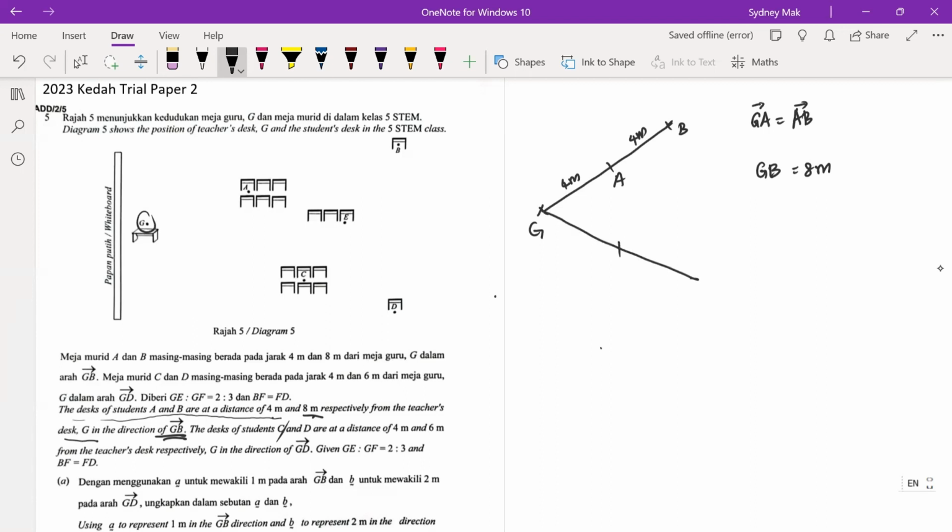Okay, and then we have another line. One is C, because the distance of students C and D are at 4 meter and 6 meter from G in the direction of GD.